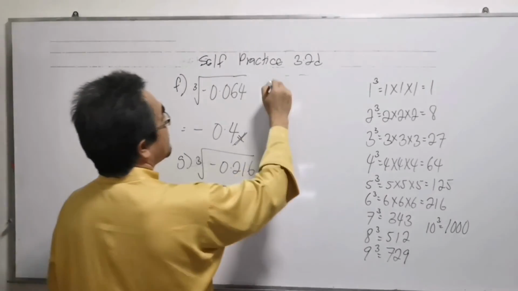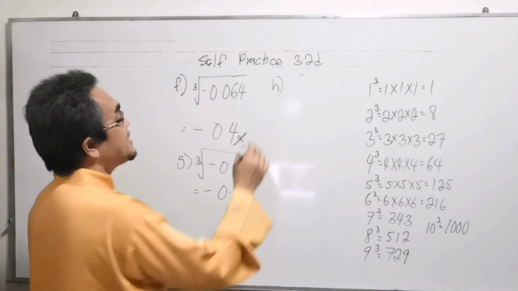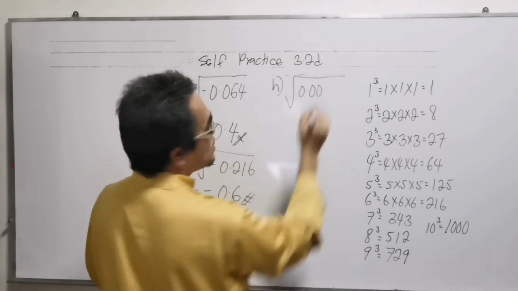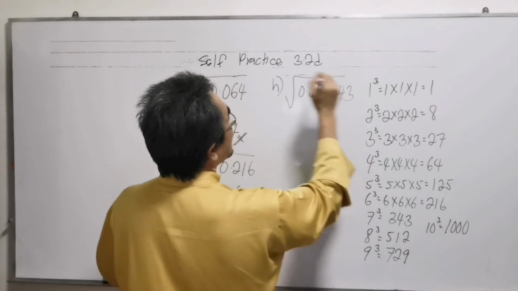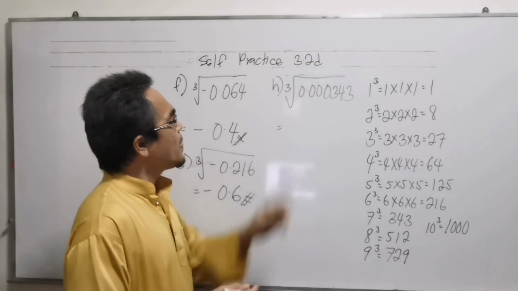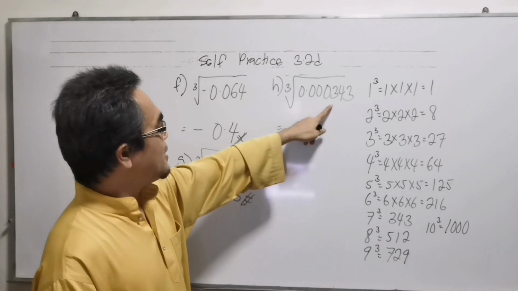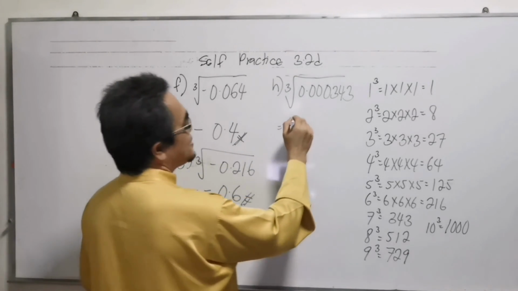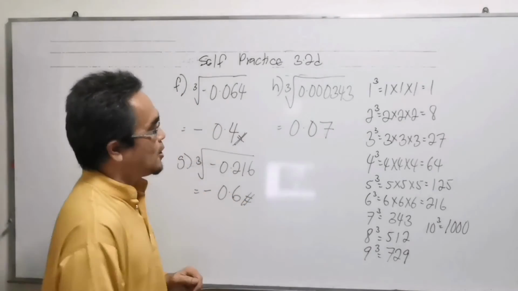And H, we have how many decimals here? 6 decimal places. Cube root of 0.0000343, and we cube root. It's similar to E just now. If this is 6 decimal places, and this is related to 7, so the answer is 0.07, 2 decimal places.